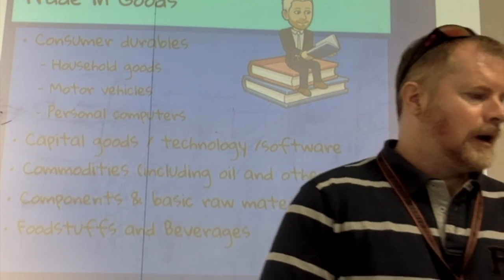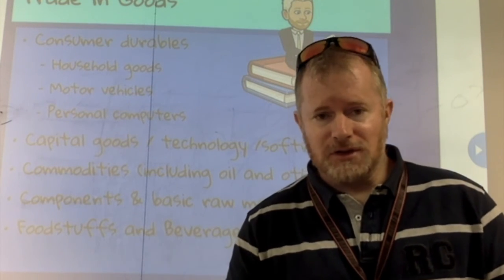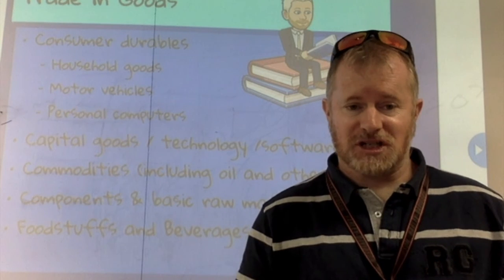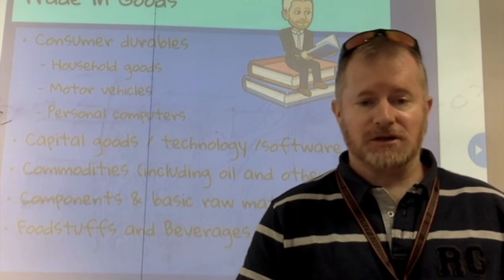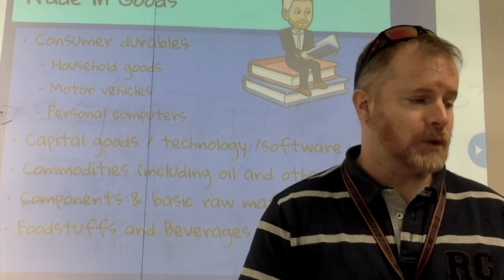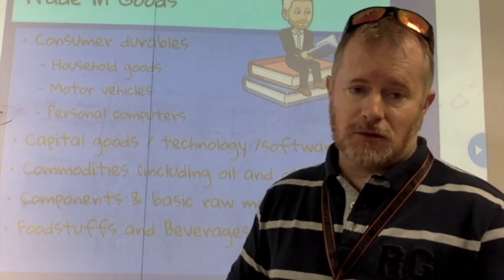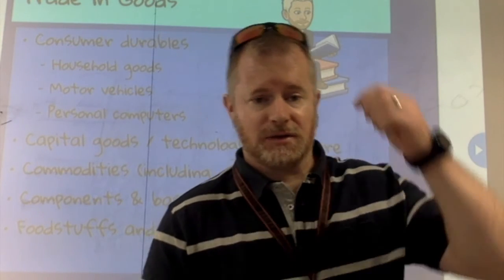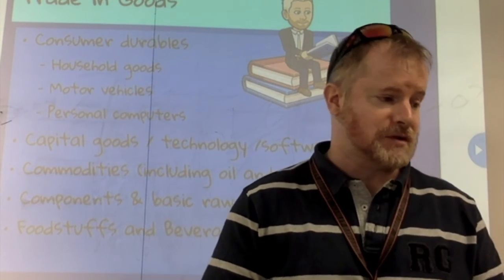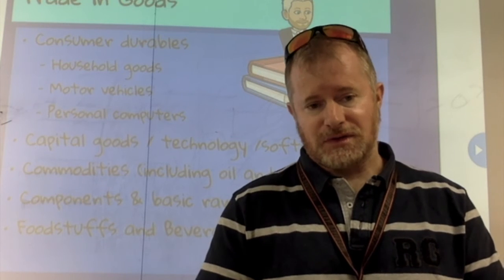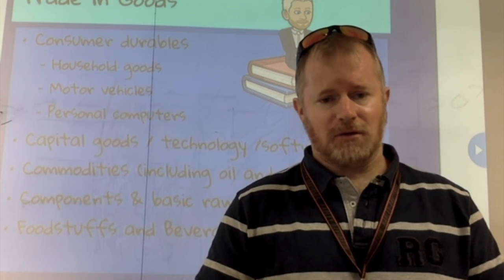Capital goods, so those machines, technology, software. Basic commodities, so those sort of raw materials that get used: the oil and other fuels, the minerals. There's a big trade in minerals around the world.